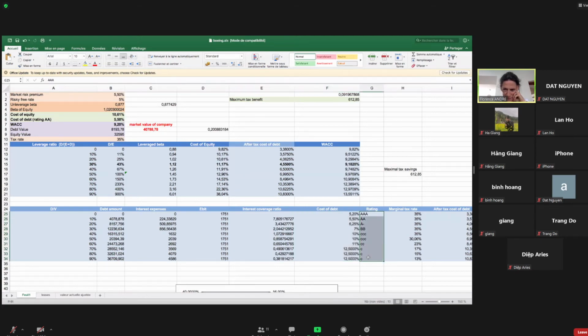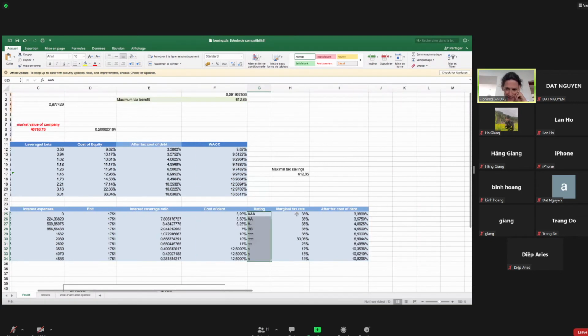And I have just to calculate the marginal tax rate. You know that the marginal tax rate for borrowing was 35%. But the tax saving due to the interest is not unlimited, because it will depend on the operational income.